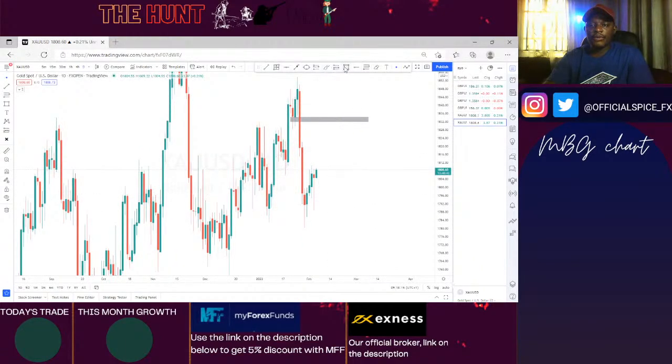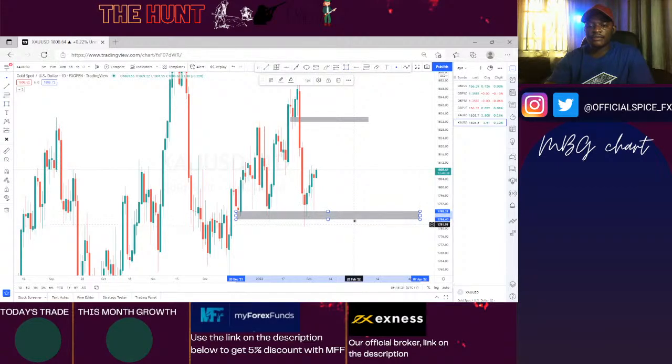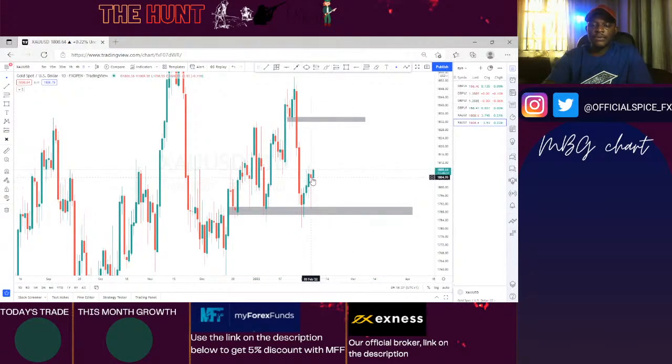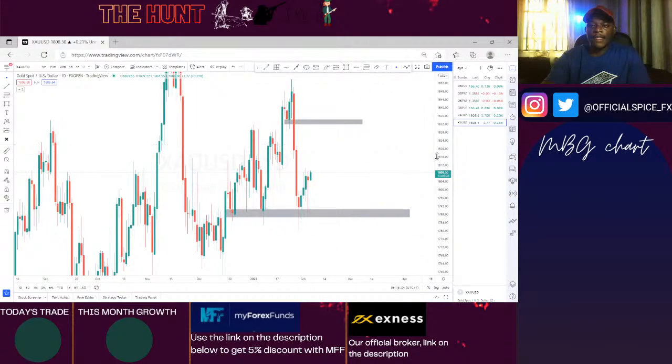Considering the fact that we had a very strong zone right here, and I have this weak zone right here. Yesterday we had the pull to the downside and the market bounced away very quickly.